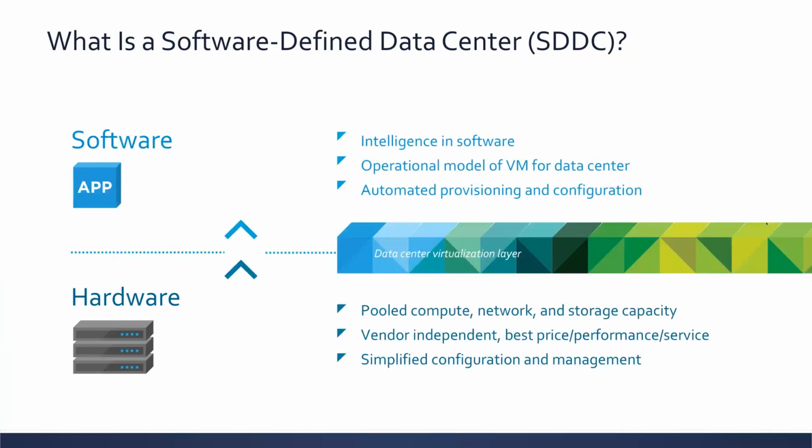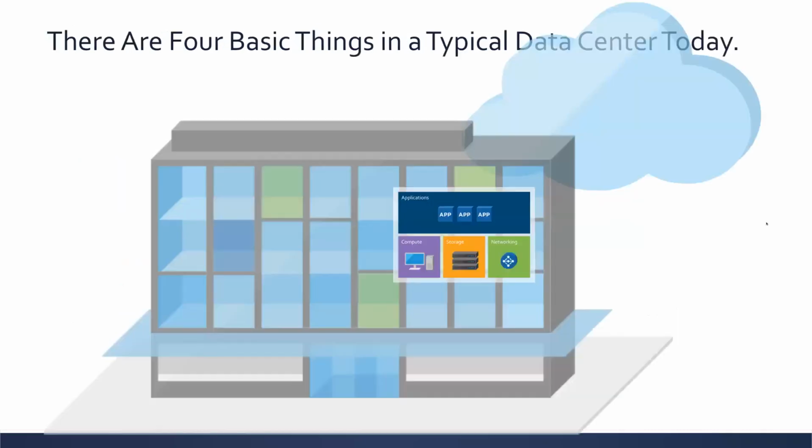Whether it's pooled compute, network, or storage capacity, it's there. It's vendor independent, so you can definitely go for the best price and performance because it's just an underlay, and whatever assists in simplified configuration and management, because again, the bulk of the workload and intelligence is decoupled and residing in the software.